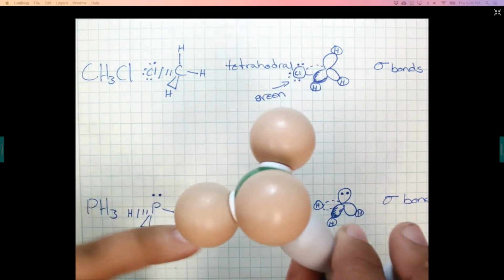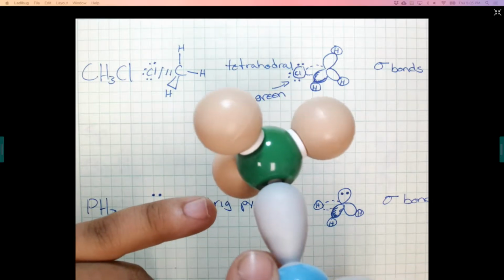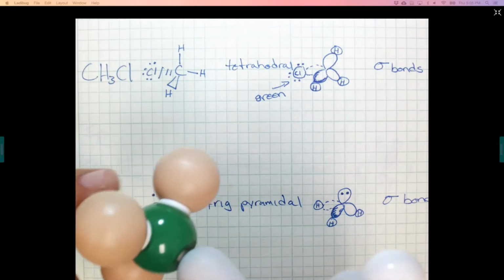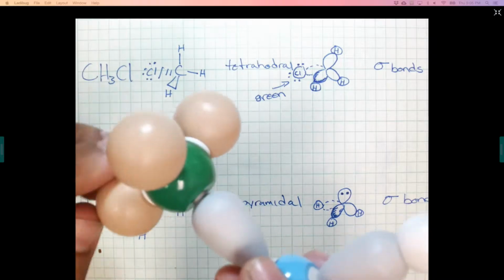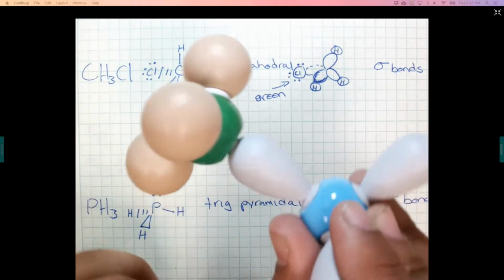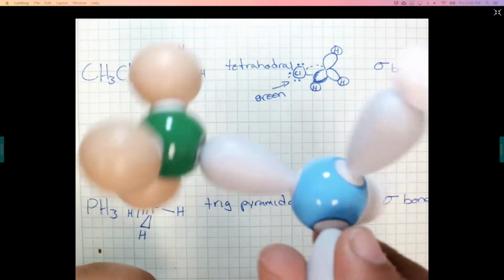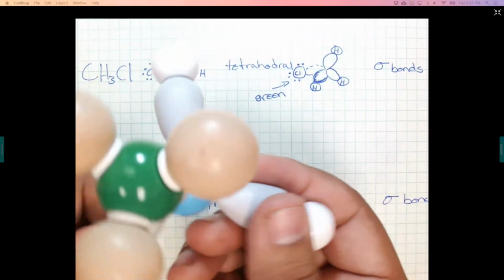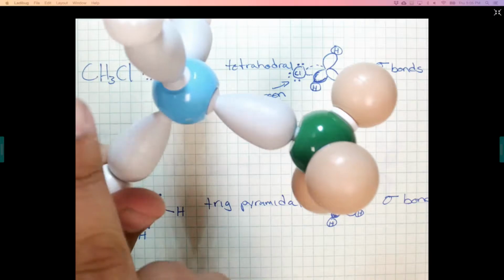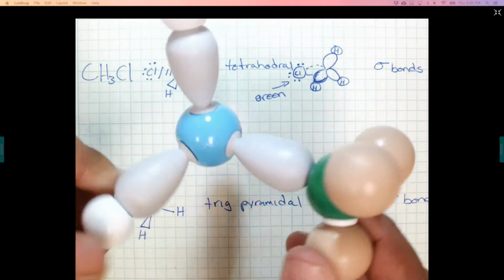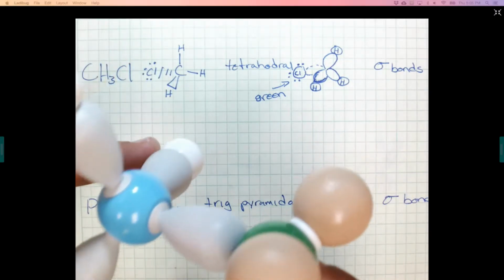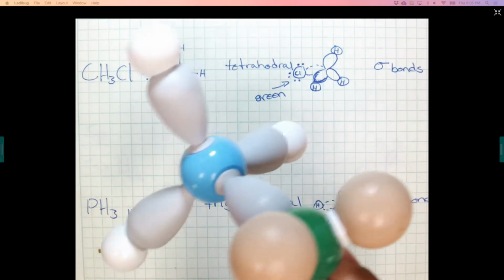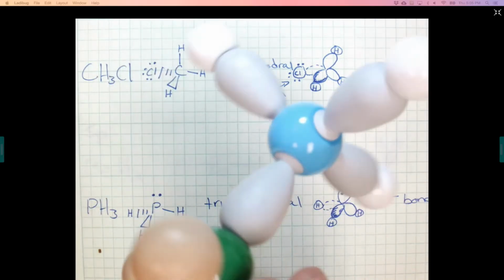And then we have the chlorine atom in green still, with the three lone pairs about the chlorine atom. I just showed these to you to give you some representation. Remember, chlorine has three lone pairs in the Lewis structure. So we have a three-dimensional structure. We have these sigma bonds everywhere, the sp3 orbitals overlapping with the hydrogen atom s orbital.